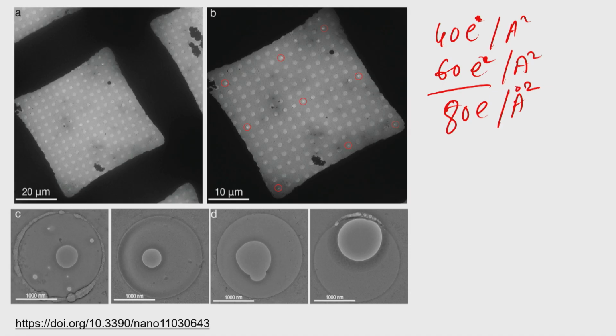Now if you consider 80 or 60 electrons for a long exposure of some 8 seconds or 10 seconds, what will happen? There will be beam-induced motion as well as beam damage. It is going to break the covalent bonds of the protein sample, and it will break the side chains of the protein sample.